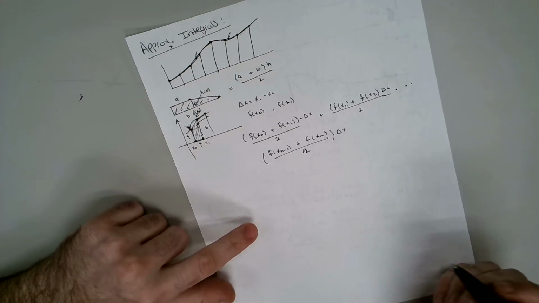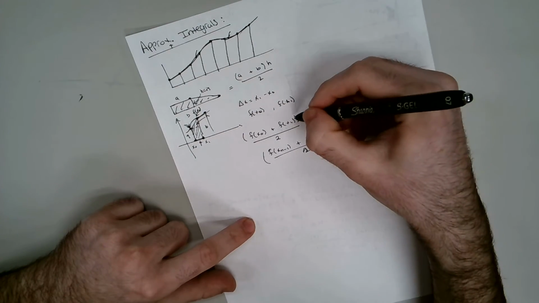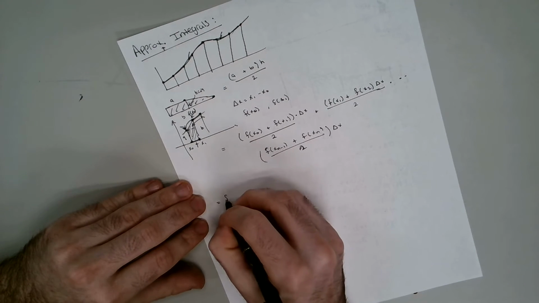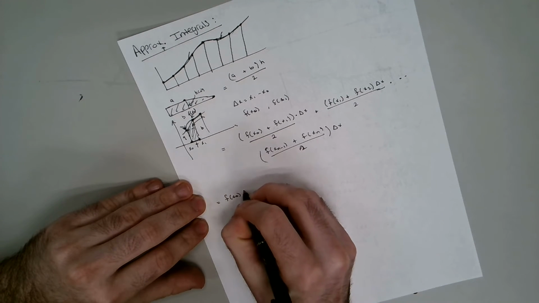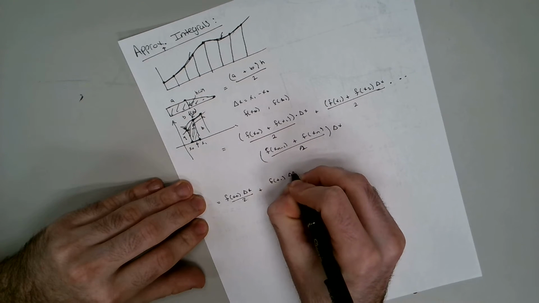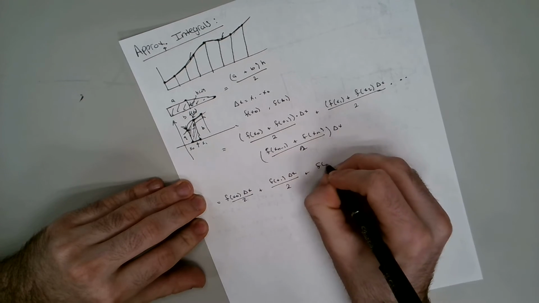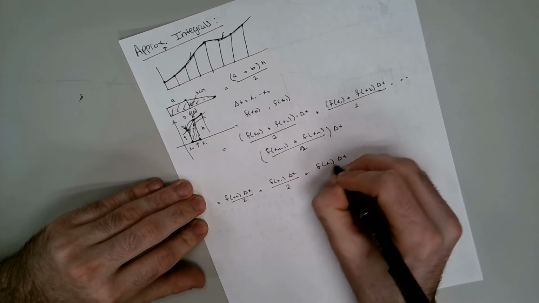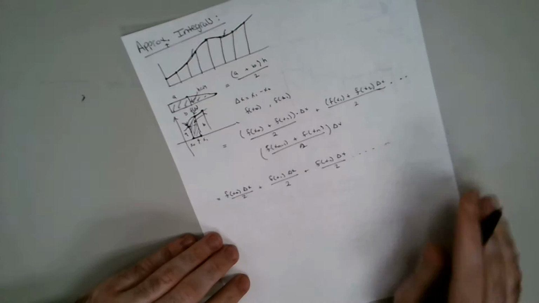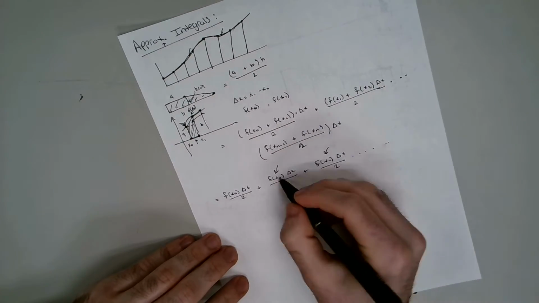And if you notice here, some of these 2's are going to cancel out, because if we distribute all of these terms, we're going to get something that looks like this. If we continue doing that calculation, these terms are going to be repeated. So we're going to have 2 of these.